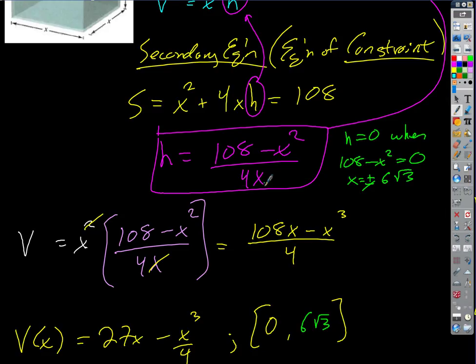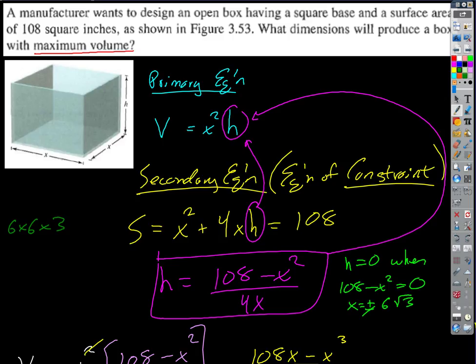So we get h equals 3. So the dimensions would be 6 by 6 by 3, whatever the units are, inches. Base would be a 6 by 6 base, and the height would be 3.